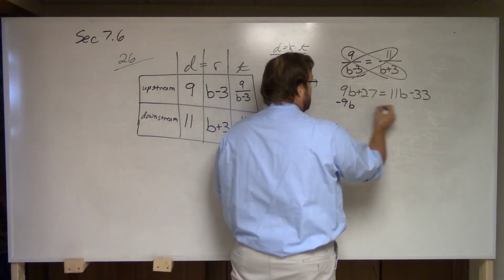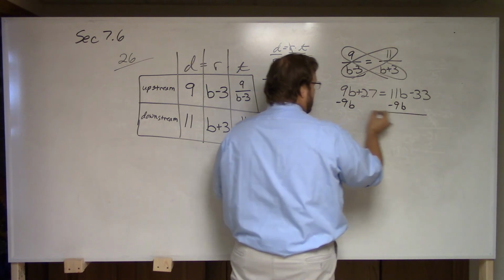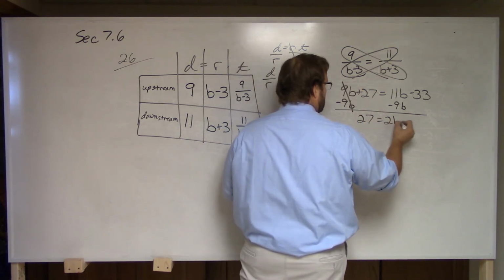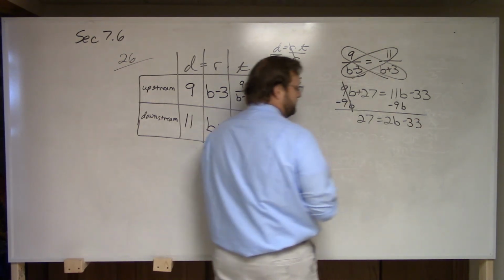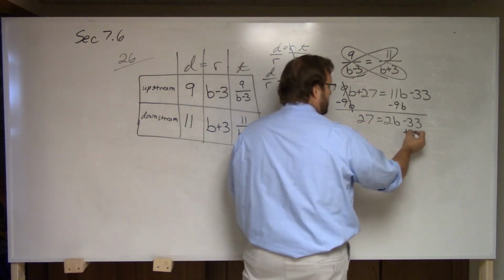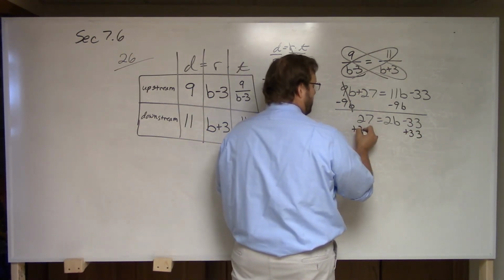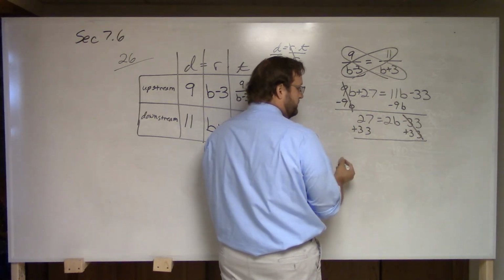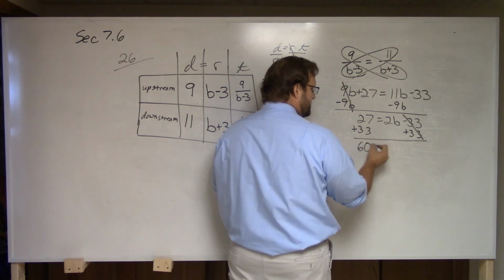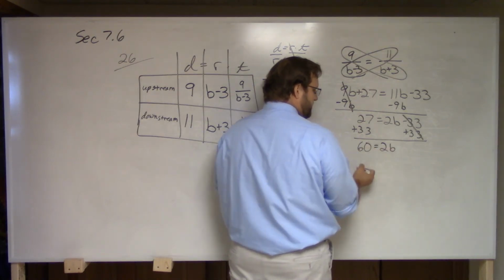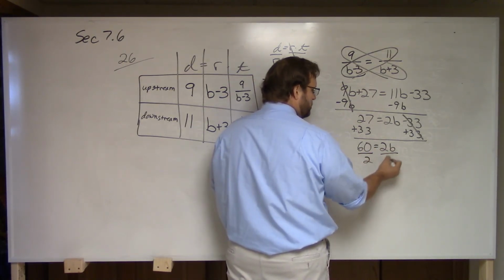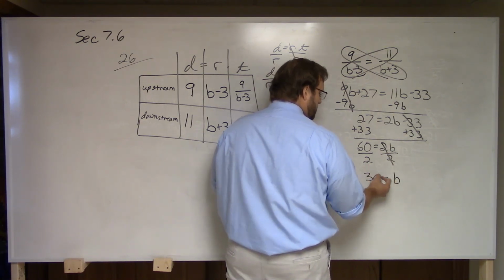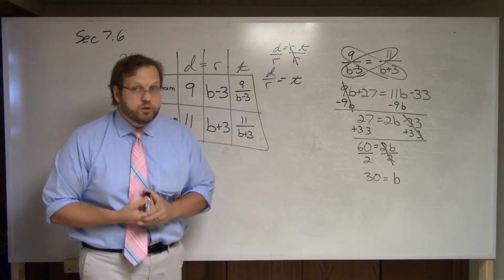Subtract 9b, get the variable on one side, and then I can add 33. 27 plus 33 is 60, and then divide by 2, and b equals 30. Now make sure you answer the question.